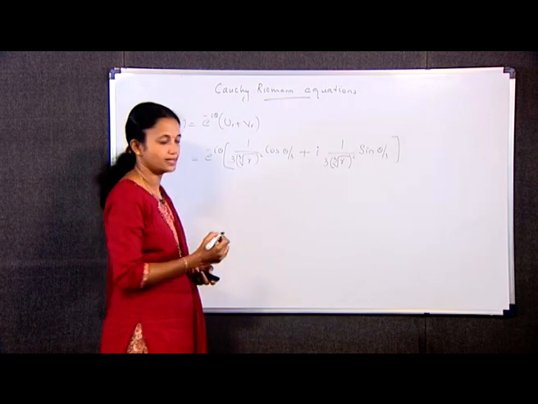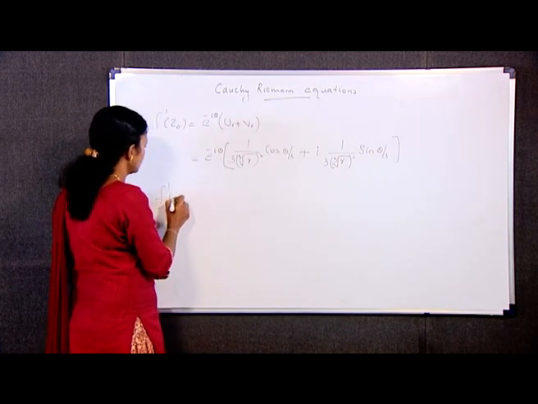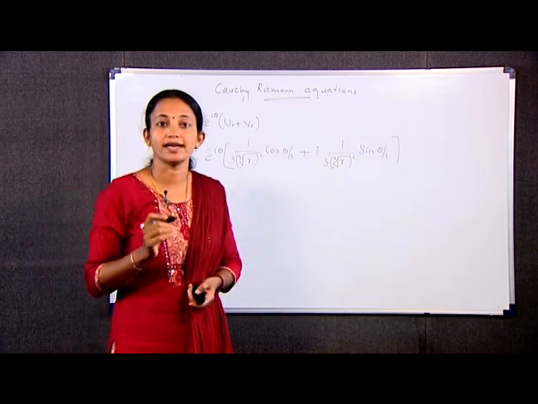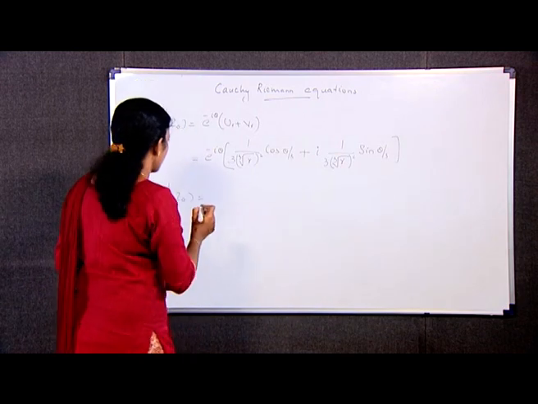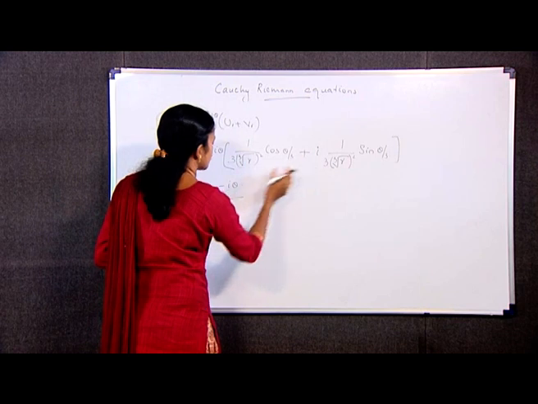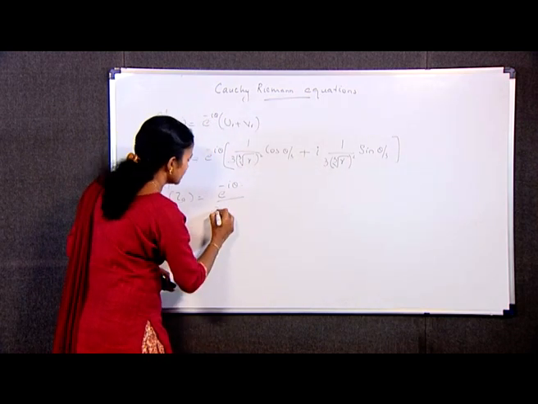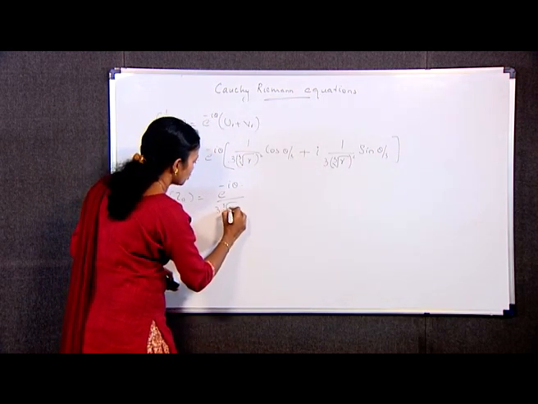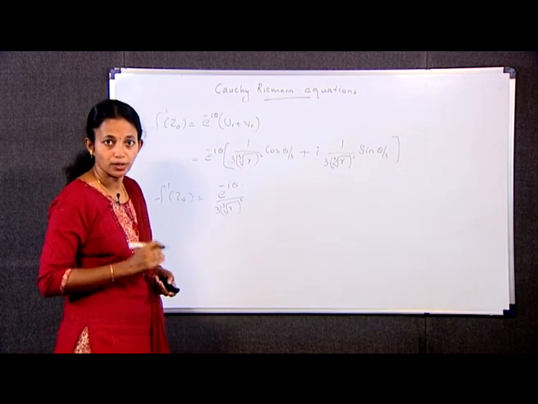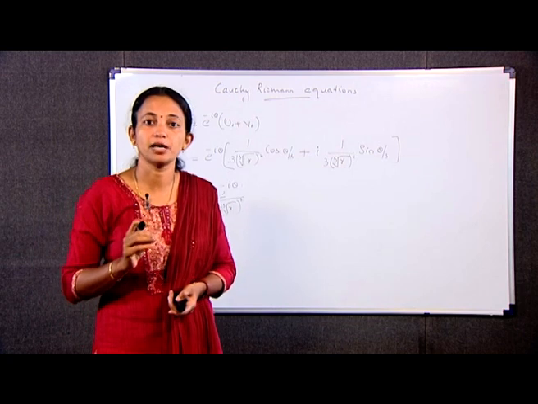Or I can write f dash of z naught is equal to e raised to minus i theta by 3 times cube root of r whole square, taking the denominators outside, into e raised to i theta by 3.